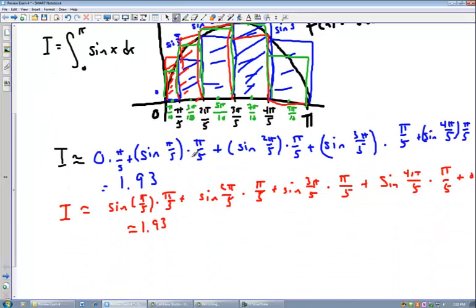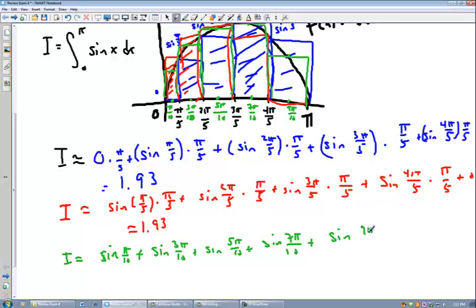And so this should be pretty easy. So I is going to be approximately, and you'll do sine of pi over 10. And of course, this will be times pi over 5, but I'll save that for the end. And then I'll have sine of 3 pi over 10 plus sine of 5 pi over 10 plus sine of 7 pi over 10 plus sine of 9 pi over 10.